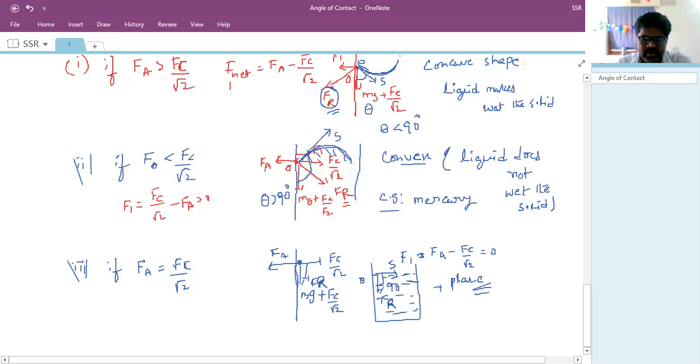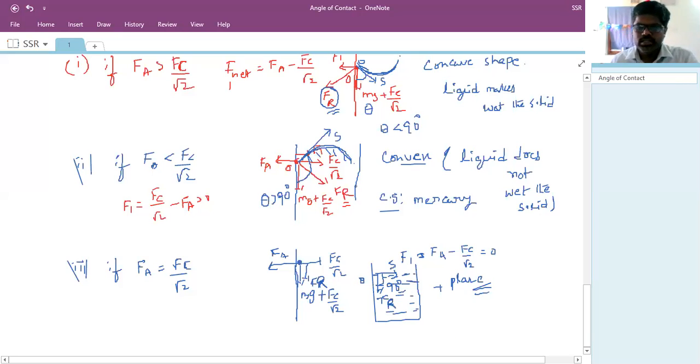Okay, this is water inside a silver container or a clean glass container. Then the angle is 90. That means you can expect a perfectly plane surface of the liquid, without any dip or any bulged shape.